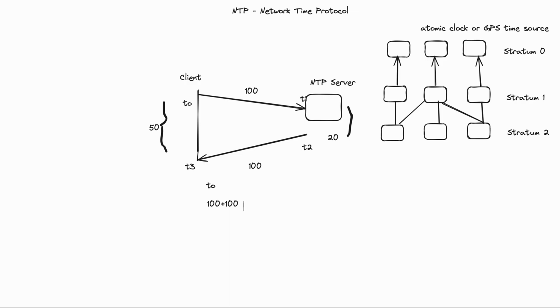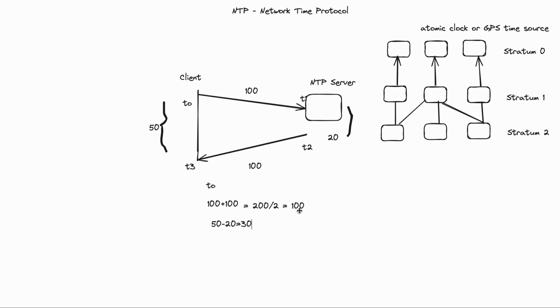If we take the average of it, we will get 100 milliseconds. Then we calculate the other time. Here the client waits 50 milliseconds and the server processes for 20 milliseconds, so 30 milliseconds.